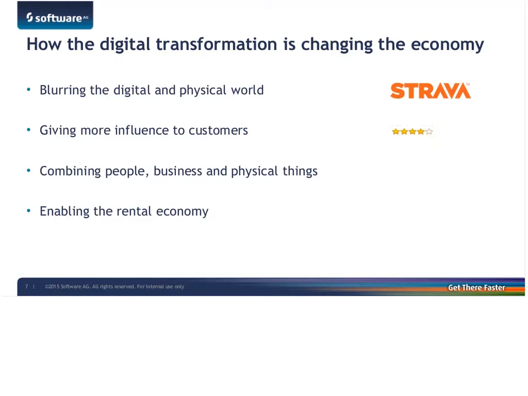Another example of how the digital transformation is changing the economy is that customers are getting way more powerful. They're getting way more influence, pretty much based on product ratings. Amazon introduced them very successfully a very long time ago, and today those five stars on Amazon will decide if a product is successful or not.